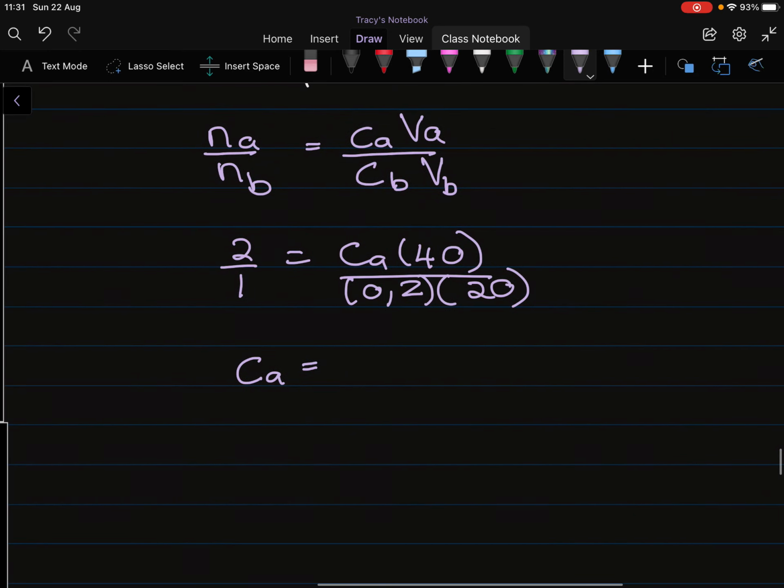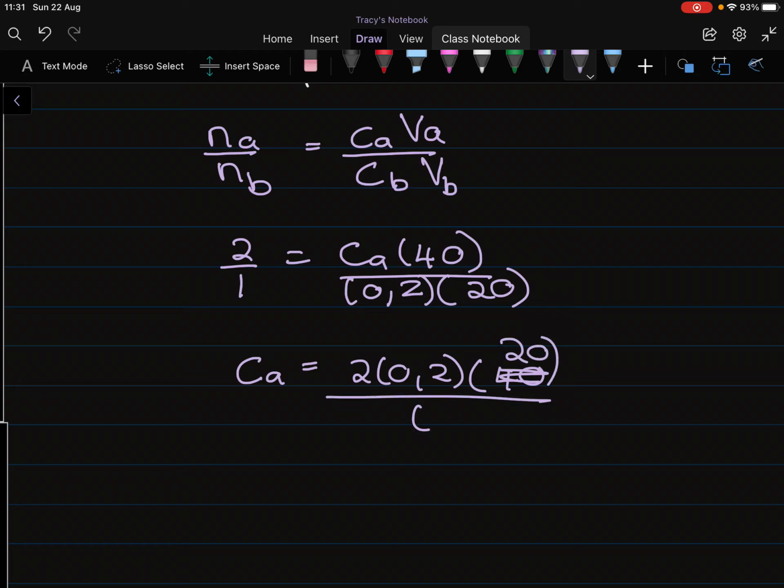So when I multiply this out, I'm going to have 2 times 0.2 times 20 divided by 40, which gives me 0.2, because it's 2 divided by 2, gives me 0.2 moles per decimeter cubed.